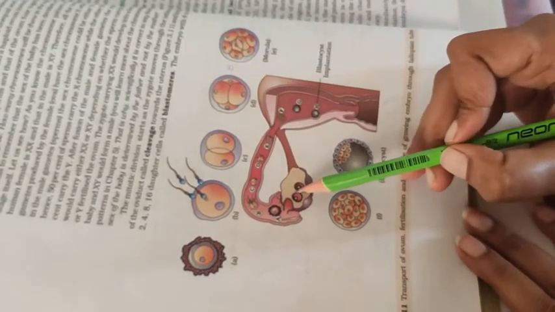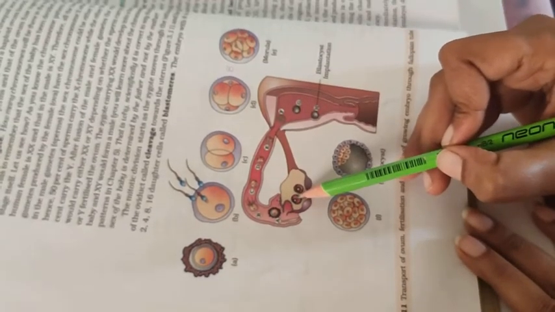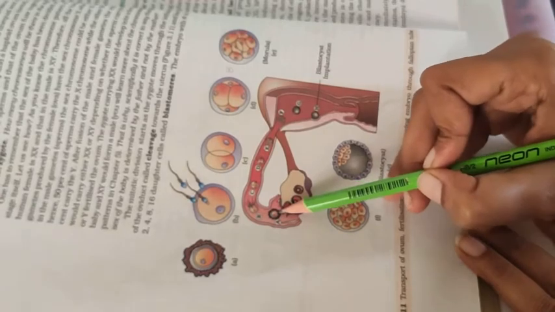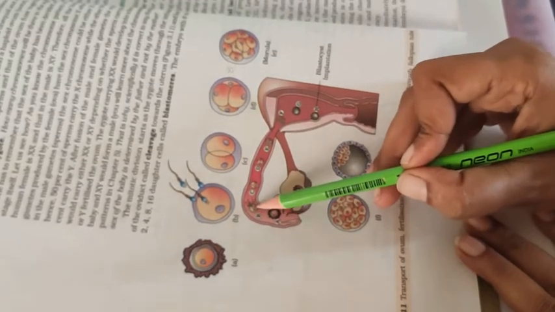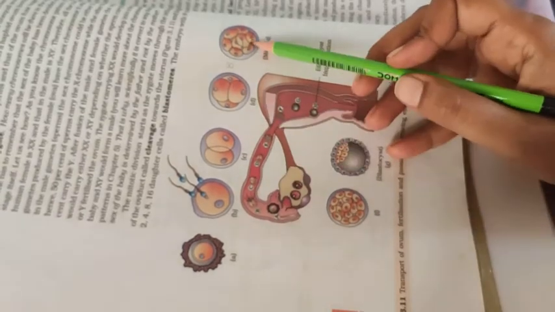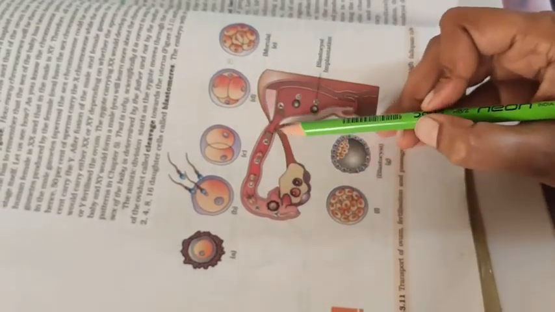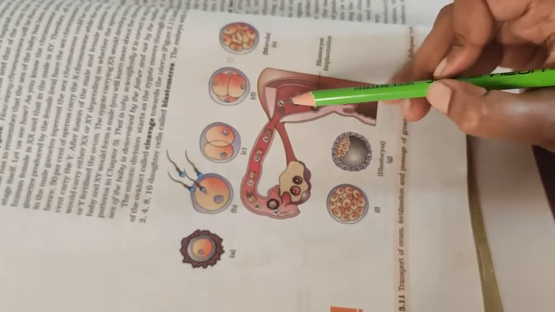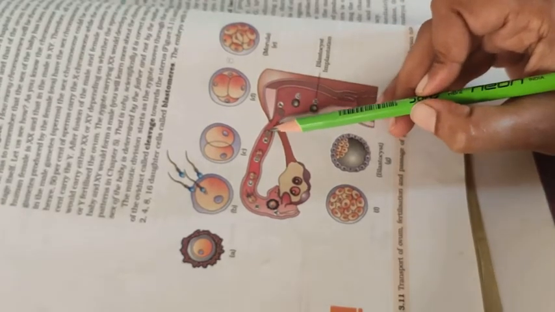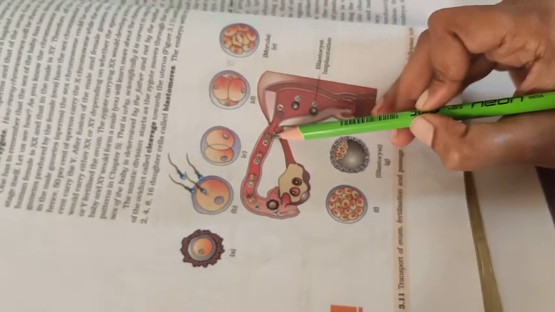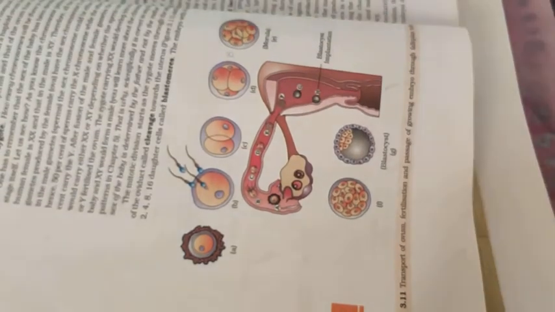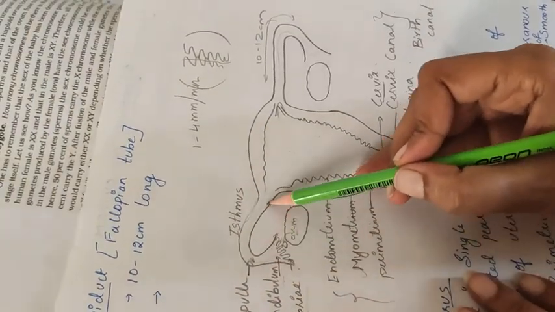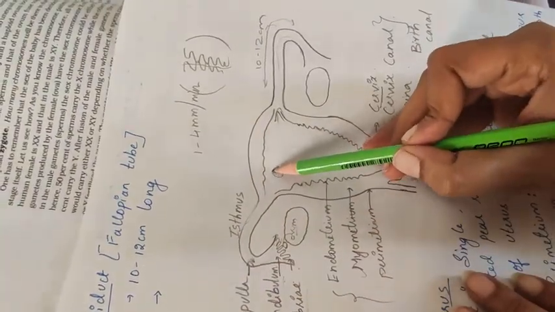If you remember, I told you, after ovulation, when the ova are released, they will stay in the ampulla region. After fertilization, whatever we have seen here, these events happen in the fallopian tube. Once it reaches the morula stage, the morula leaves the fallopian tube and comes to the uterus.